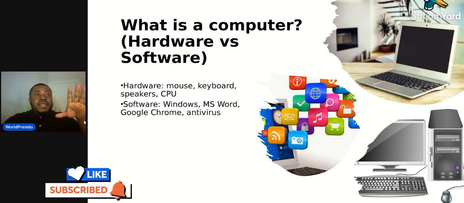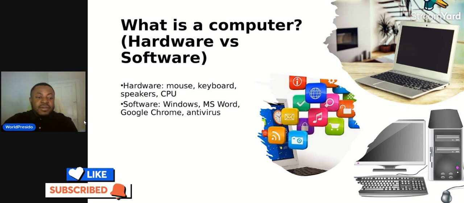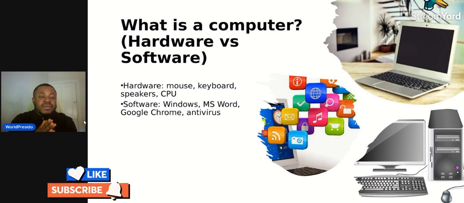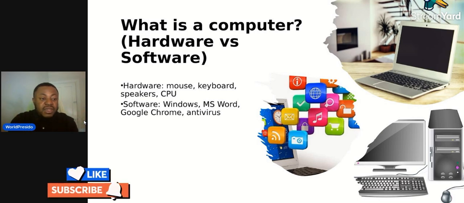So, in plain language, a computer is an electronic device that processes data and performs tasks based on instructions. So it is an electronic device that processes data that are inputted into it.